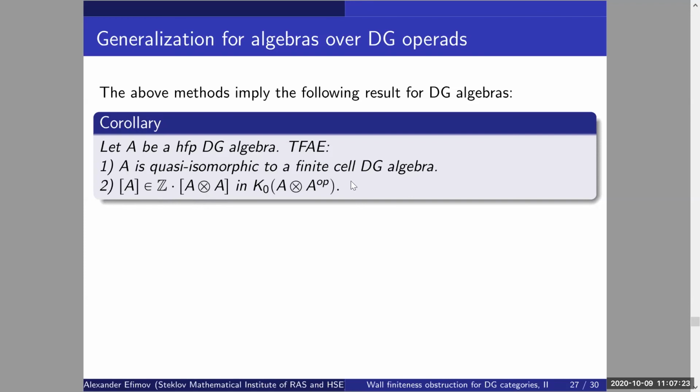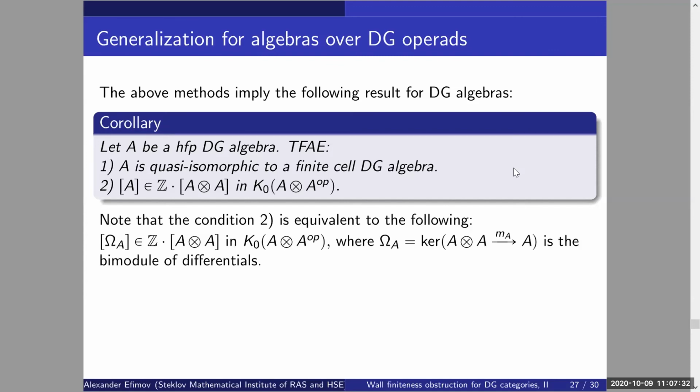But it kind of makes sense in this algebraic operadic setup. Condition 2 is equivalent to the condition that the bimodule of differentials has its class in K0 again an integer multiple of the free bimodule of rank 1. The bimodule of differentials is just the kernel of multiplication from A tensor A to the diagonal.